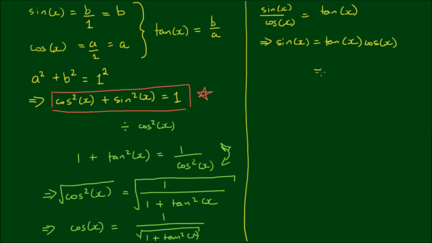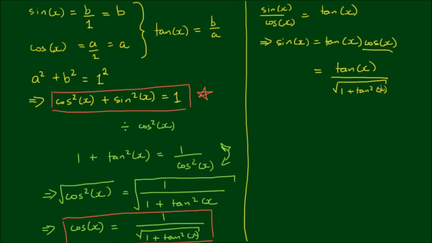Alright, so we have a tan x, and we know that cos x is equal to this identity here. So we can write tan of x over 1 plus tan squared of x. Alright, so that is sine of x in terms of tan x.